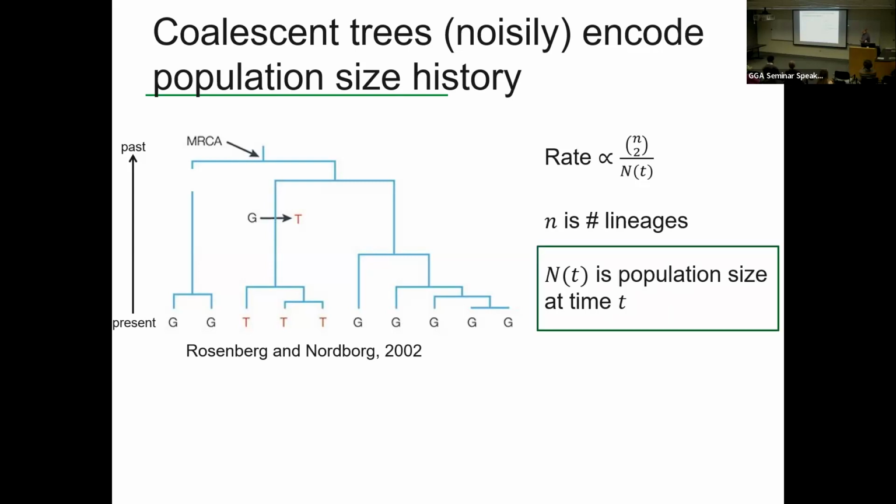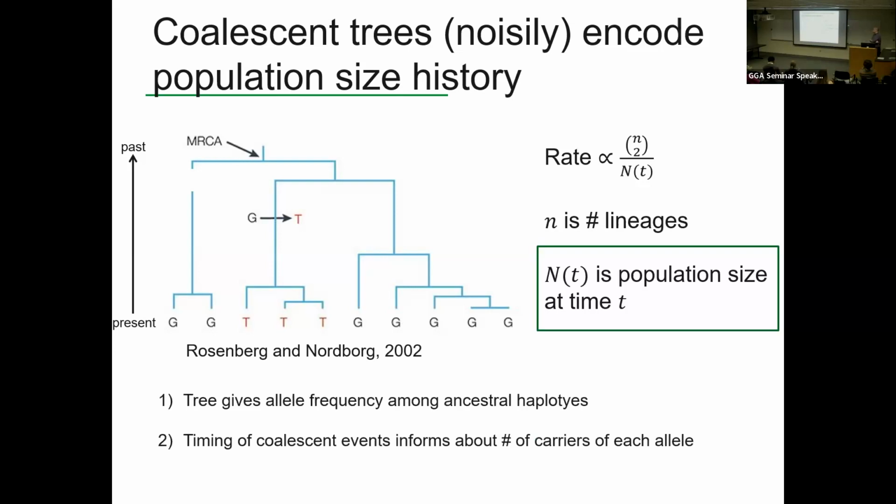I'm not going to go into depth, but I have two broad approaches I'm going to show you for estimating allele frequency histories using these trees. Basically, one is that you can look at the tree directly and get information about the frequency of an allele among the ancestors of the sample. And if you care about the ancestors of the sample, that's great, you have your answer.